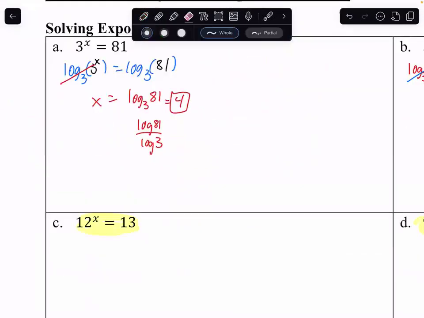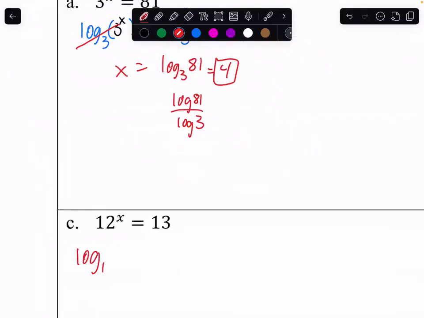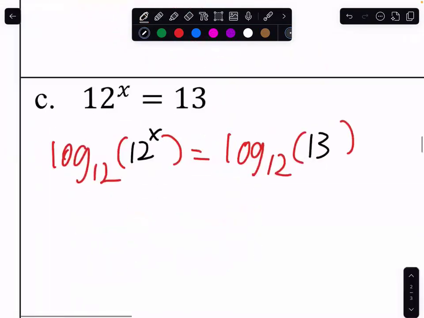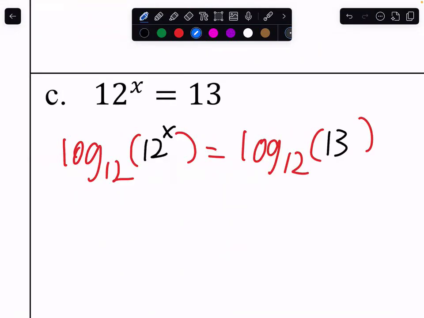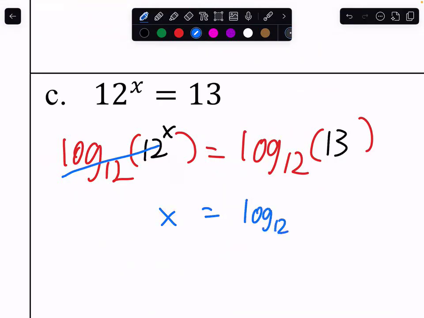Okay, so now part C, here we want to undo a base of 12. So we would do log base 12 of both sides. Again, the whole point is that log base 12 of 12 cancels out, leaving the x behind. Here, nothing cancels out, so it just stays.